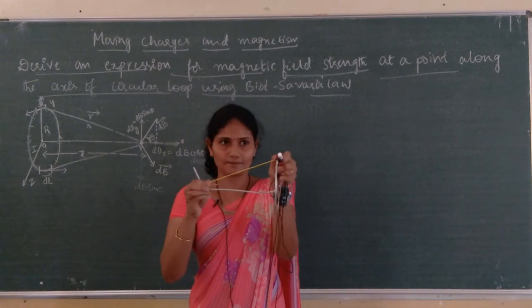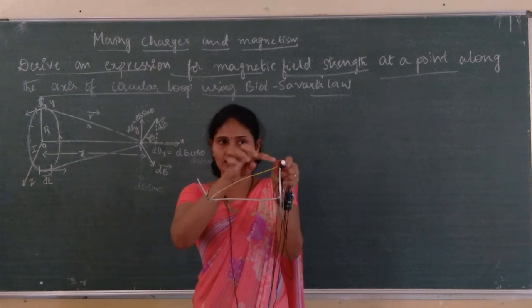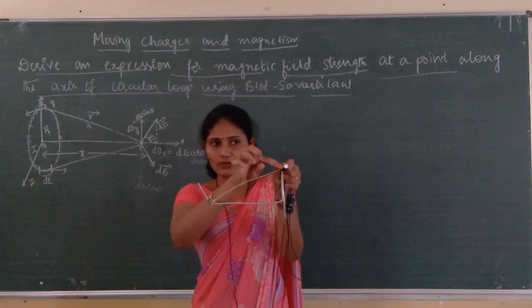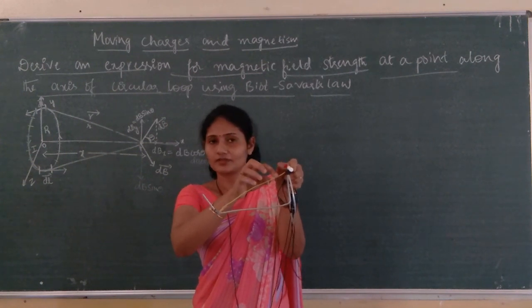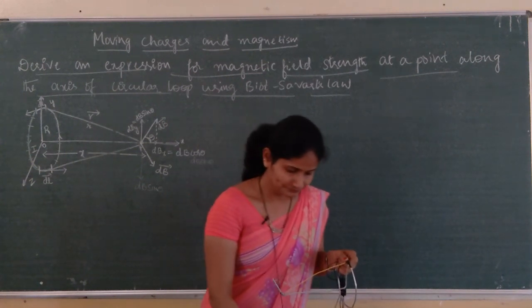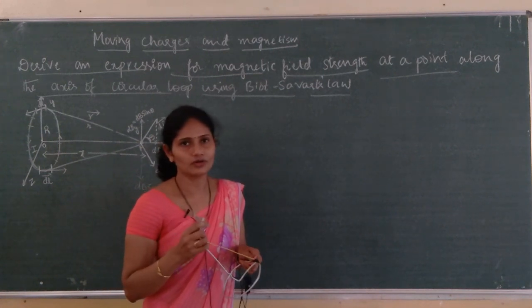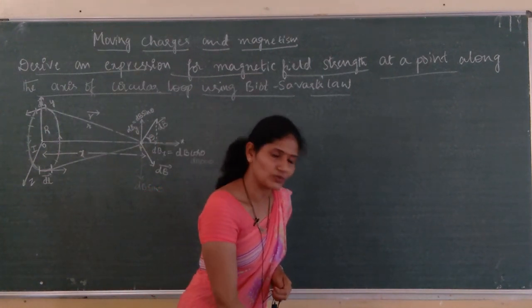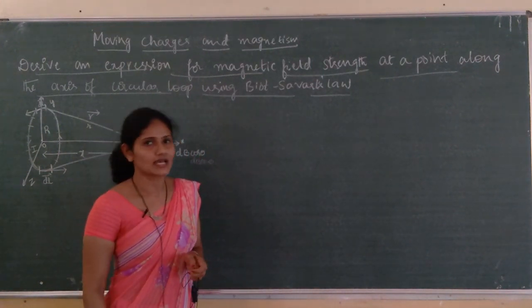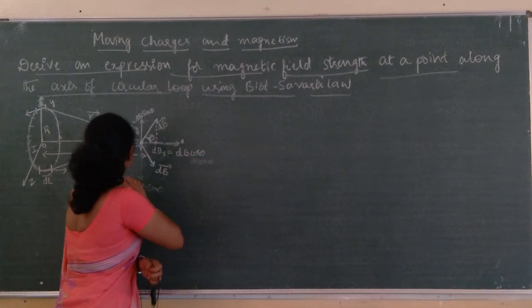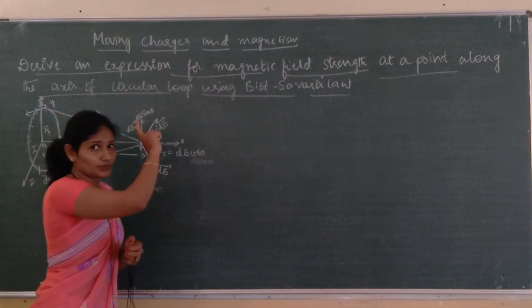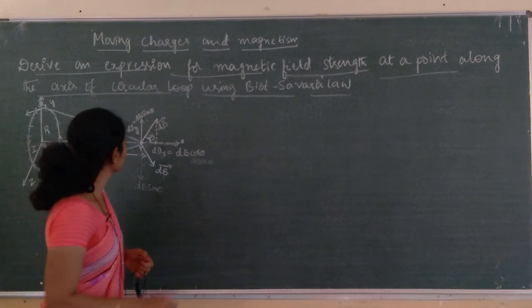So in this case, this is the direction of the dl vector, this is the direction of r. So the angle between dl and r is 90 degree. So theta is equal to 90 degree, right.